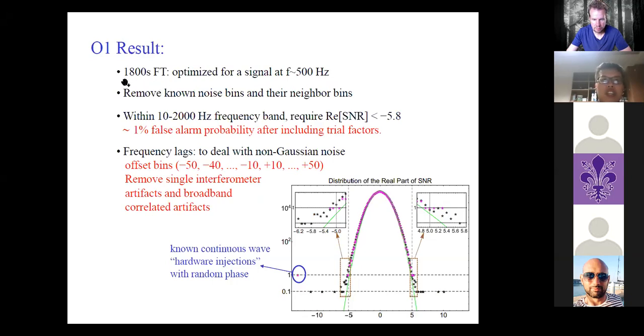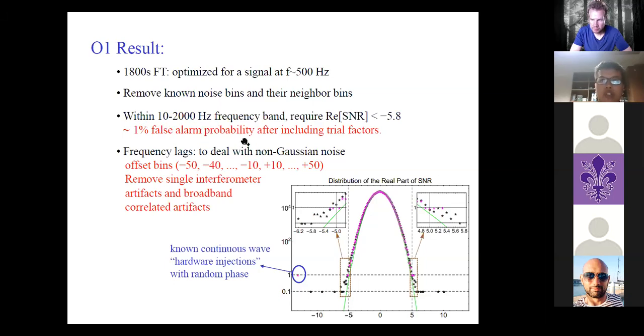And we divided the time series into many small time segments with duration of 1,800 seconds, which is optimized for a signal at the frequency of around 500 Hertz. And we perform the frequency cut by removing the noisy bins and their neighbor bins.